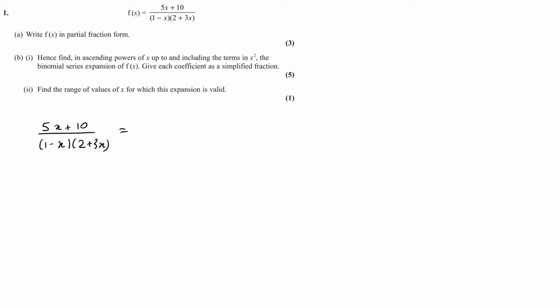So you want to make sure you are putting A over 1 minus x and B over 2 plus 3x. And you should always just double check, make sure this is not an improper one. So the highest power here is just that x term, isn't it? Whereas on the bottom is an x squared, so we don't have to worry about that.